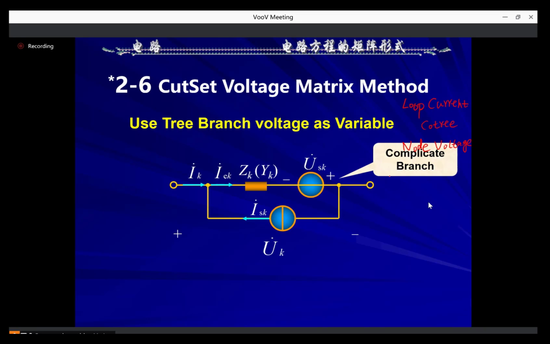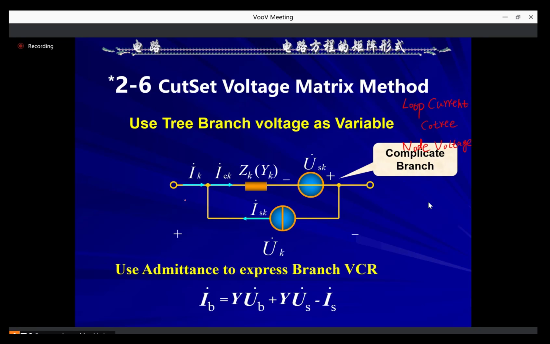At first, we define the complex branch also. For this standard complex branch, we use admittance to express the branch. Admittance means we use voltage to express current.